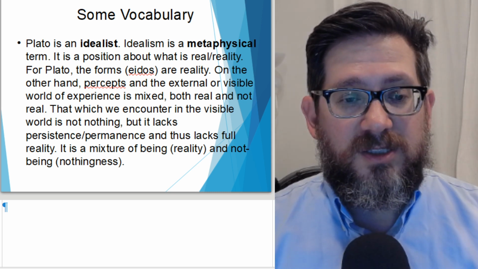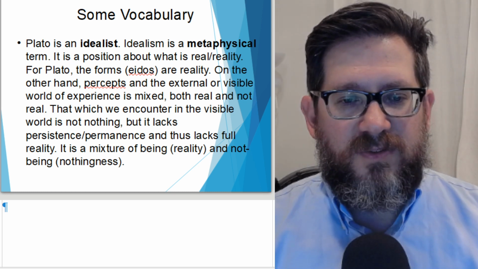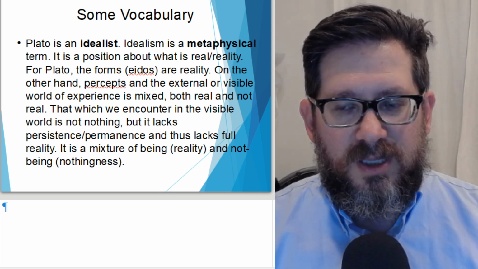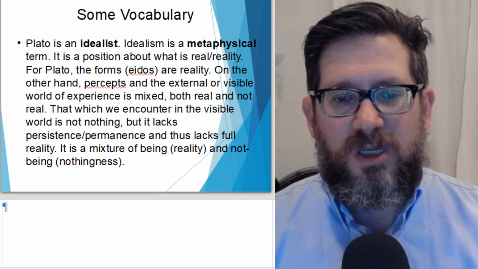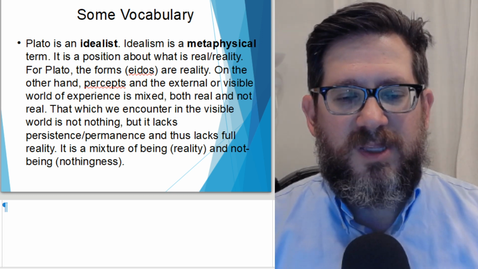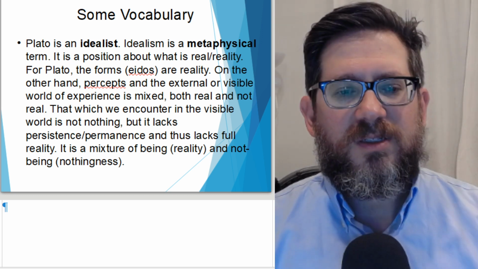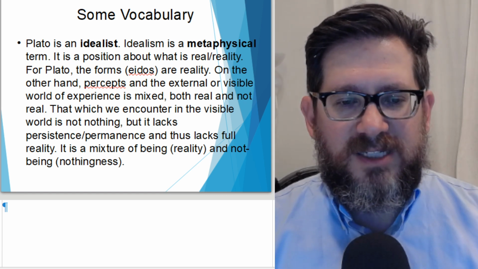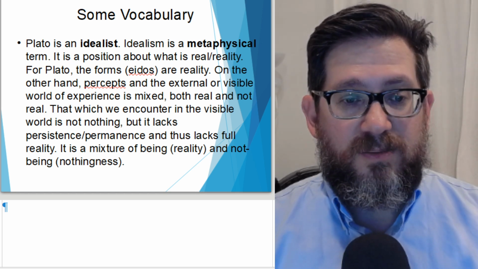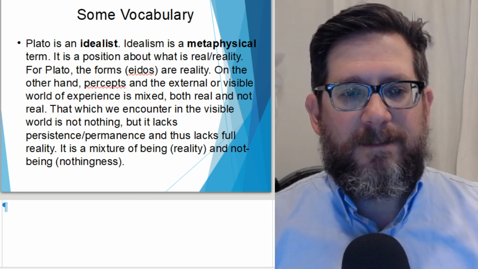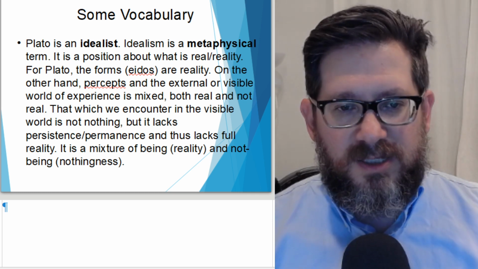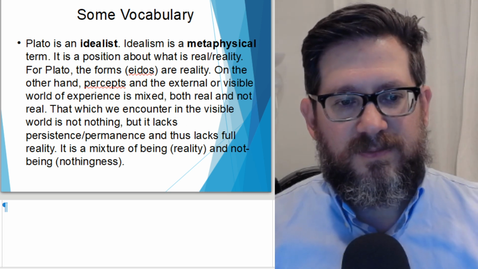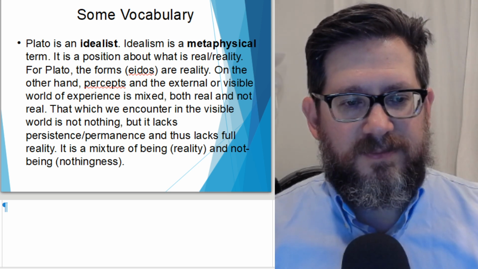It's this mixture of reality and nothingness, which we could call illusion. Something that seems real but is not really real. It lacks something: permanence, persistence. Okay, so Platonism is an idealism and it's a rationalism. Let's move on.